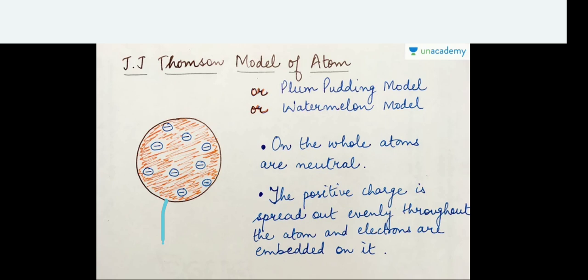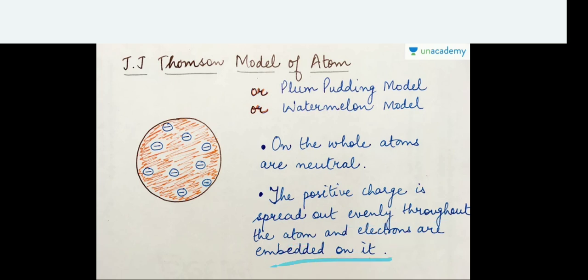So he said that the electrons are embedded in an atom as negative charges, and all the other space inside the atom is the positive charge that is spread out evenly in the atom. Therefore, on the whole, atoms are neutral and the positive charge is spread out evenly throughout the atom, and electrons are embedded in it.